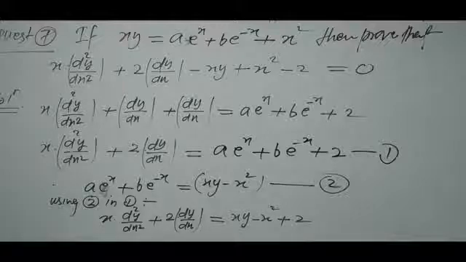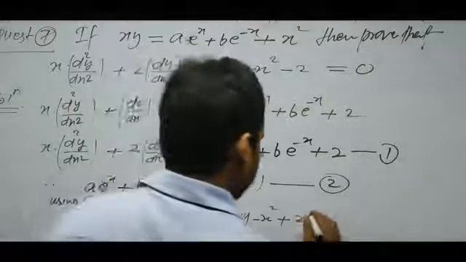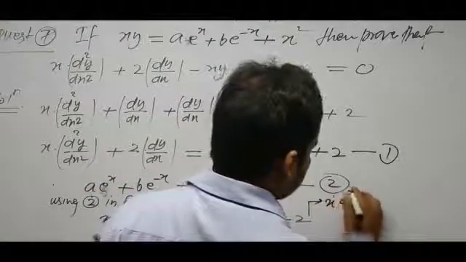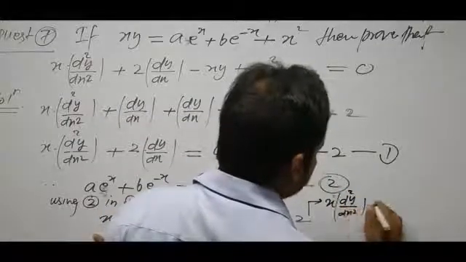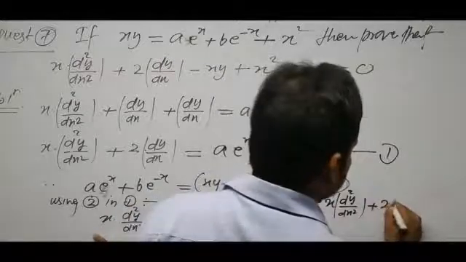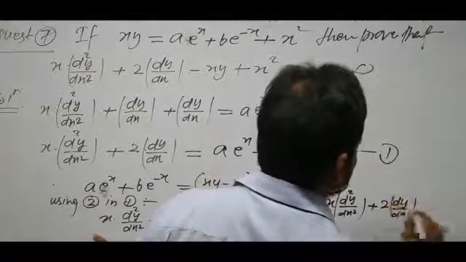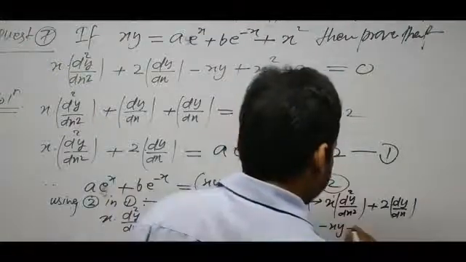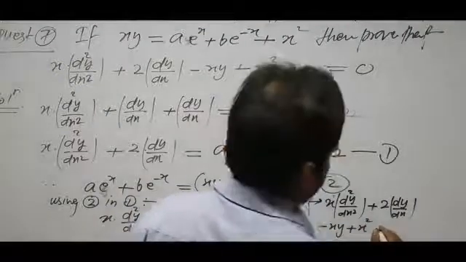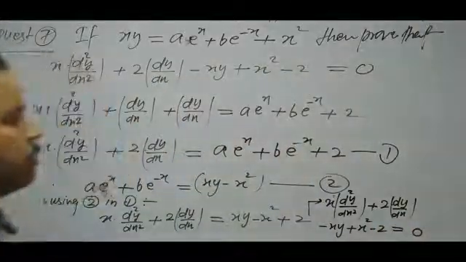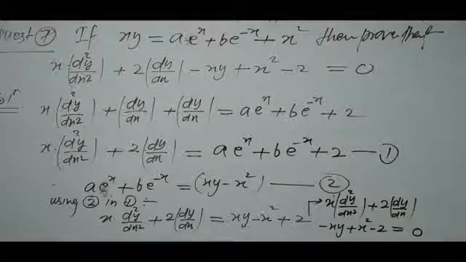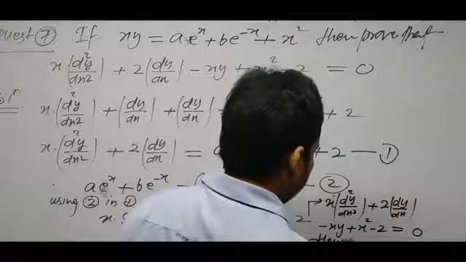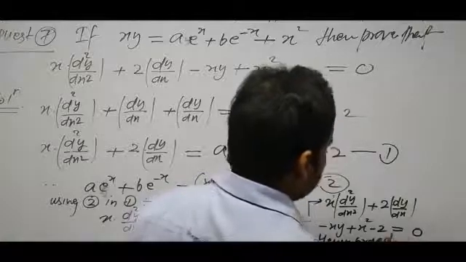So we can write x square d2y by dx2 plus 2 times dy by dx minus xy plus x square minus 2 is equal to 0. Now this is our proof. Hence proved.